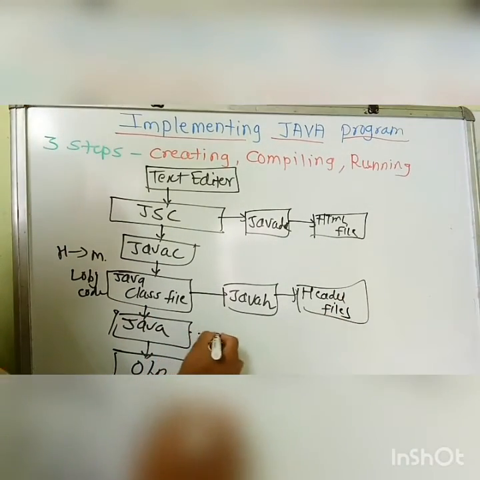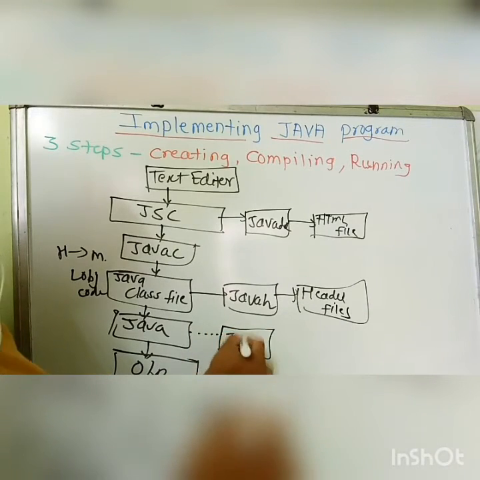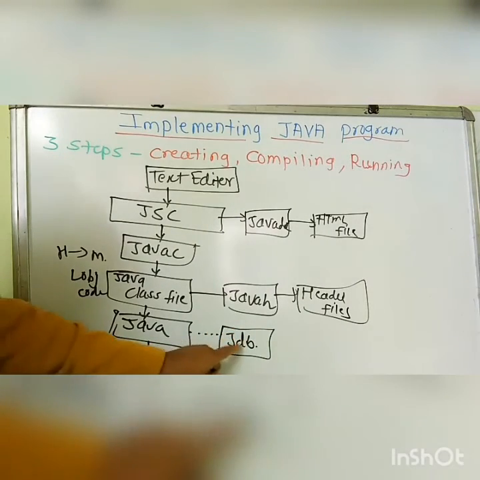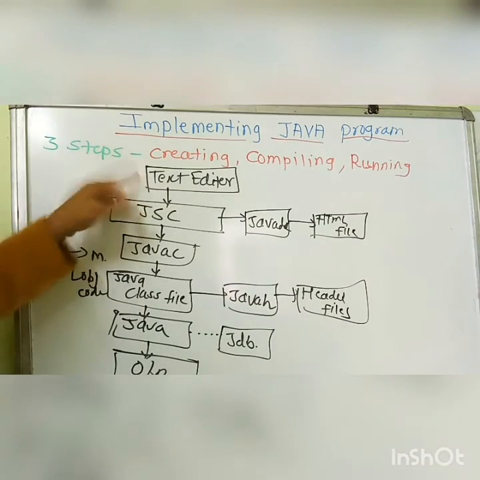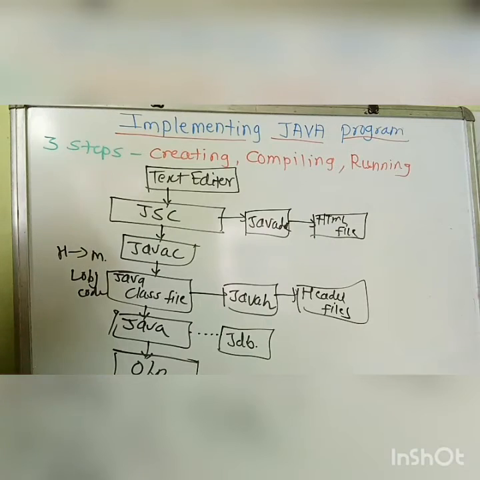Then what is java? Here it is using the JDB tool, the Java debugger tool, to execute the Java code to get the output. Running is nothing but getting our actual output after it has gone through the different steps.